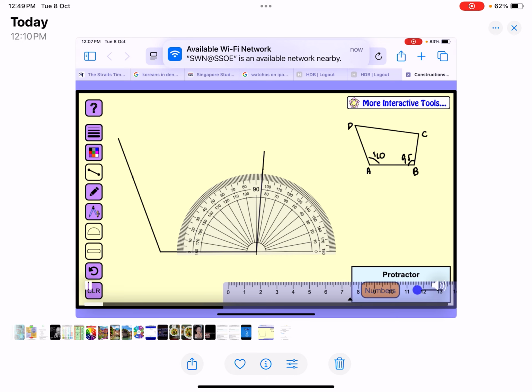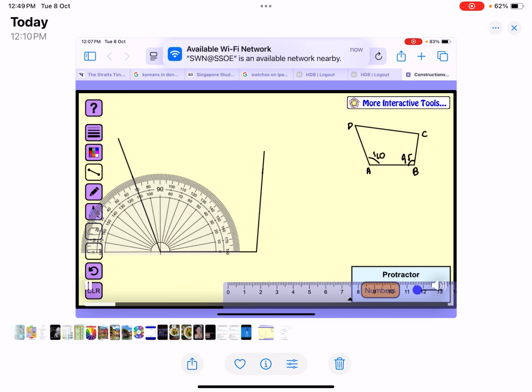So what we need to do is first to measure off the angles. The angle 95 and the other angle is 110 degrees.